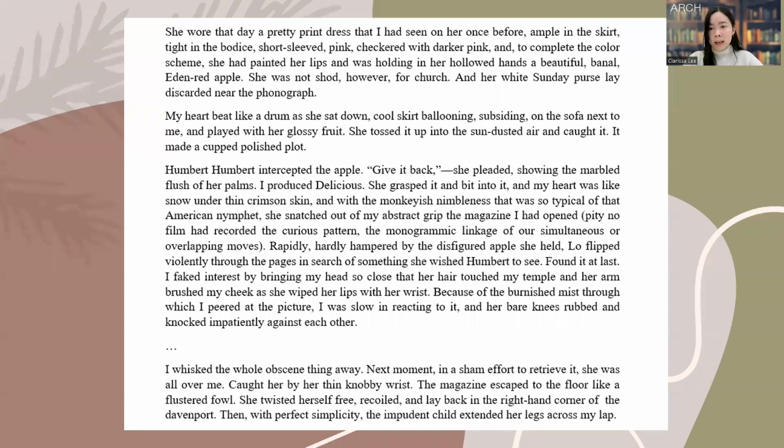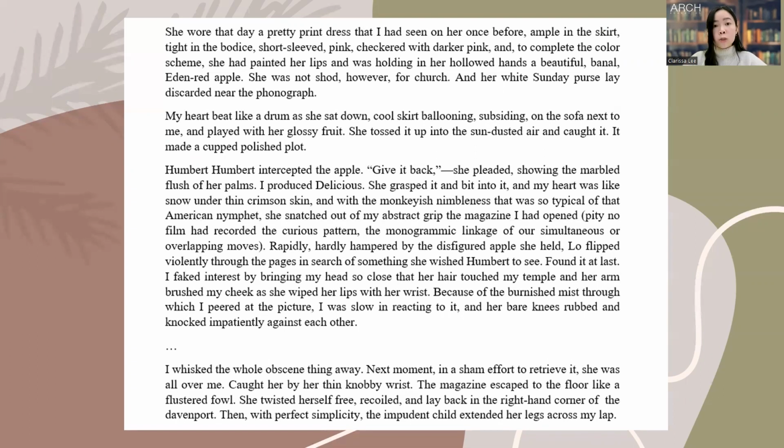So this is an extract early on from Lolita. It's a description of some of the actions and the way Lolita is dressed from the perspective of Humbert Humbert, the narrator of the story. Right away, what I would notice about this is there is an extreme focus on the way Lolita's dressed.